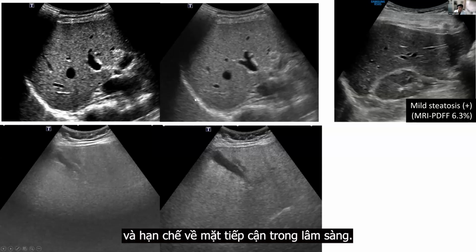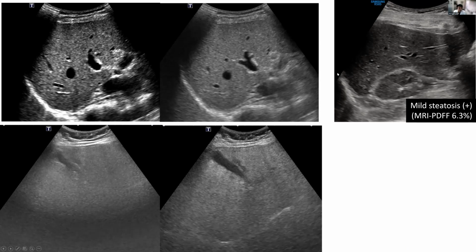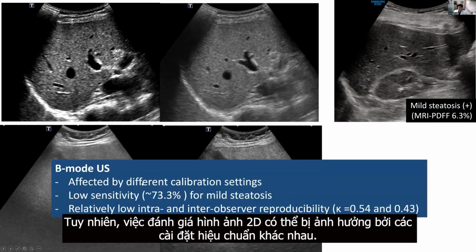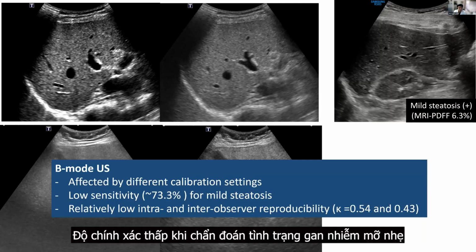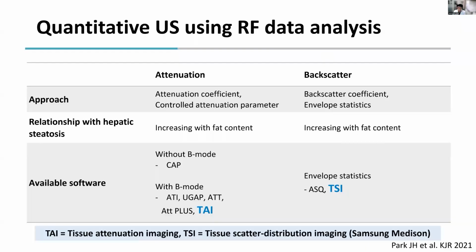In routine clinical practice, B-mode ultrasound is the most commonly used imaging tool for hepatic steatosis. However, evaluation of B-mode images may be affected by different calibration settings, shows low sensitivity for mild steatosis, and relatively low intra and inter-observer reproducibility.